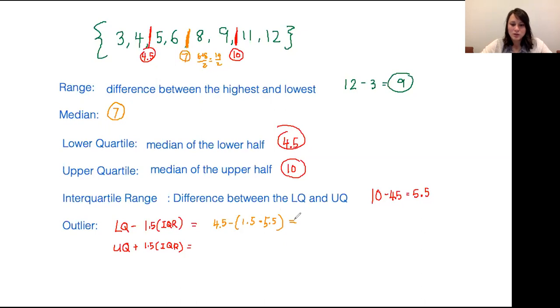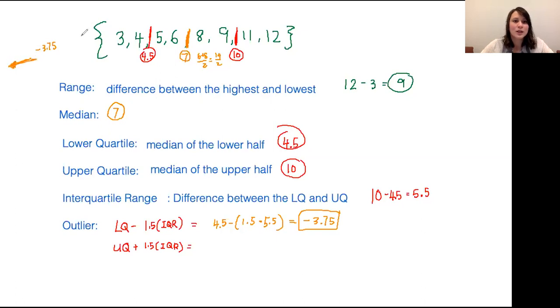So 1.5 times 5.5 is 8.25. And so 4.5 minus 8.25 is negative 3.75. So that's saying any number that's below negative 3.75 is considered an outlier. So anything smaller than negative 3.75.